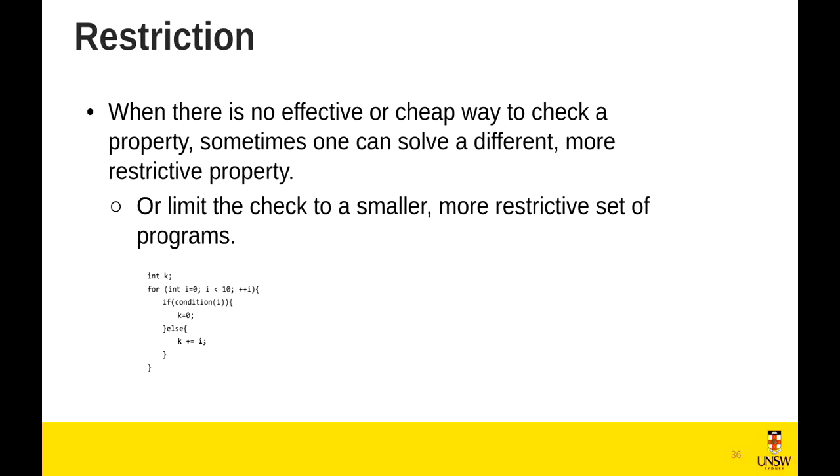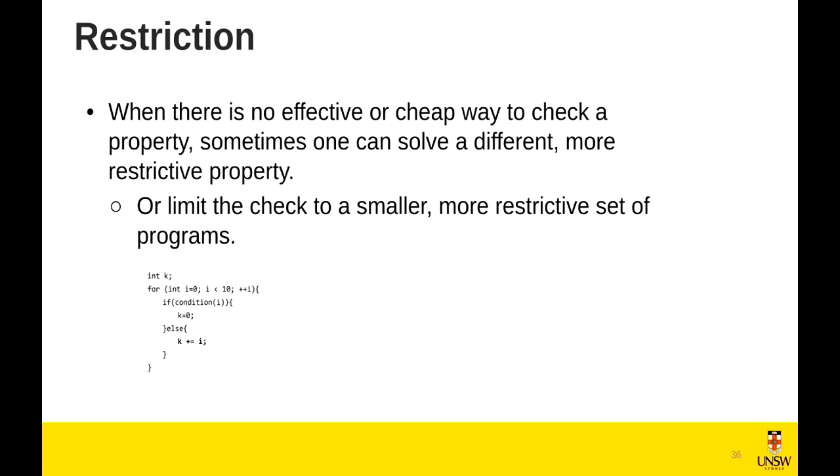In this example, we have declared a variable k, and we will use it in this branch if the condition for I is not satisfied. Otherwise, we will initialize the value for k.